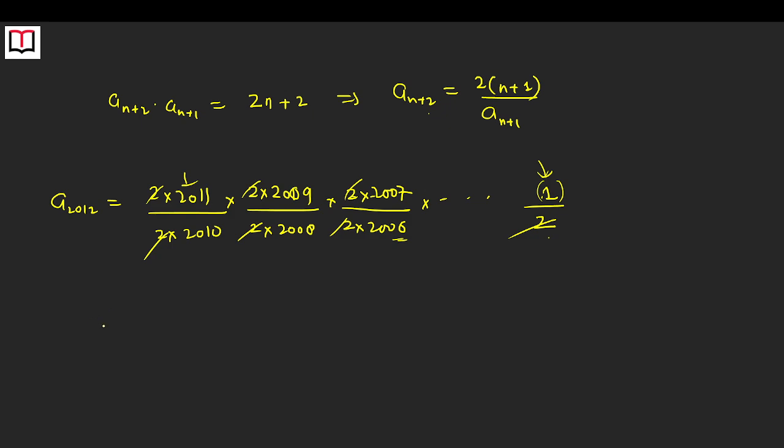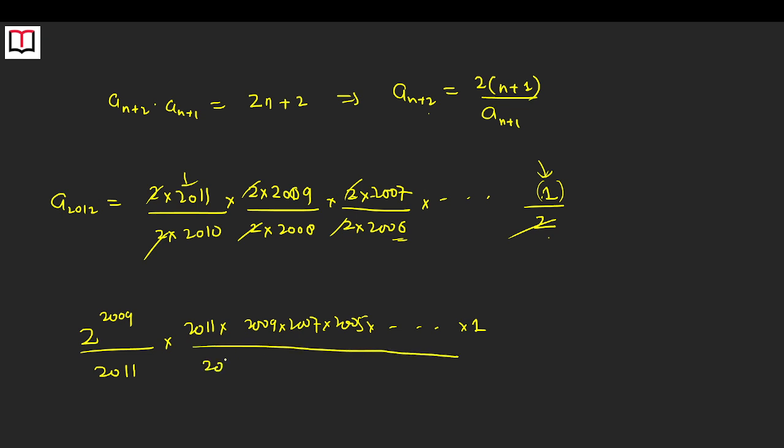So now just put the values in the expression. We need 2009 by 2011 into 2011 into 2009, 2007, 2005, and so on, over 2010 into all even, into 2.